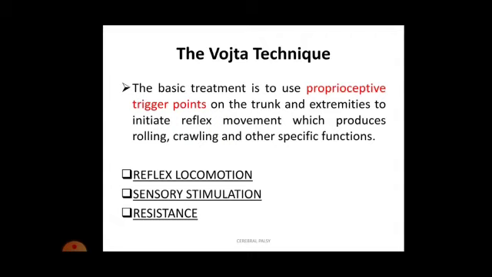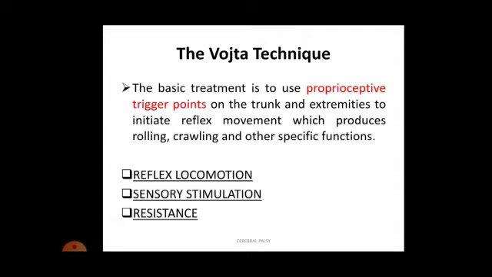Reflex means an automatic response to stimuli, and locomotion means displacement of the body from one place to another. So this reflex locomotion will initiate rolling and crawling types of activities in the child. So when this Vojta technique is used, definitely it will initiate rolling and crawling type of functional activity, okay?